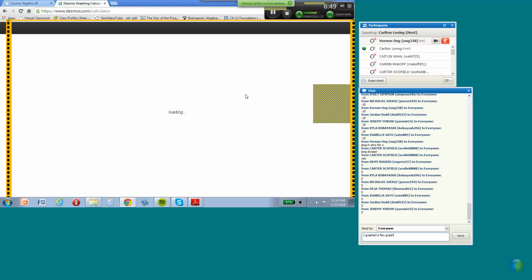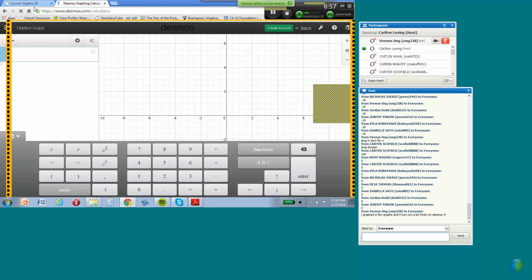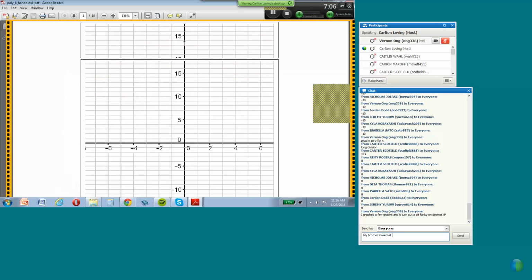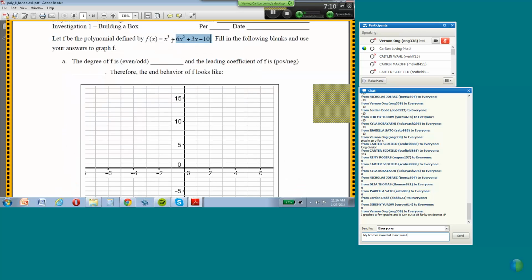If you do the long division and stuff, you're going to be working out the factors. So if I come over here and put it in, really? Desmos was funky for you? Let me see if this works.